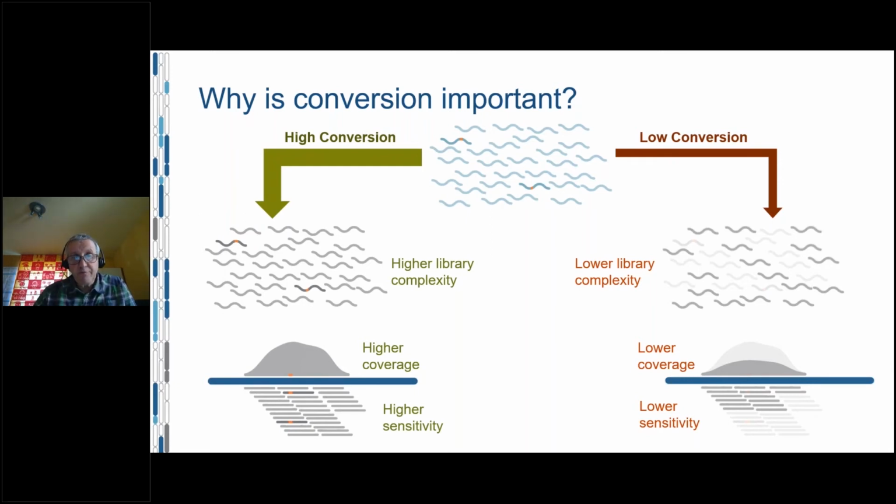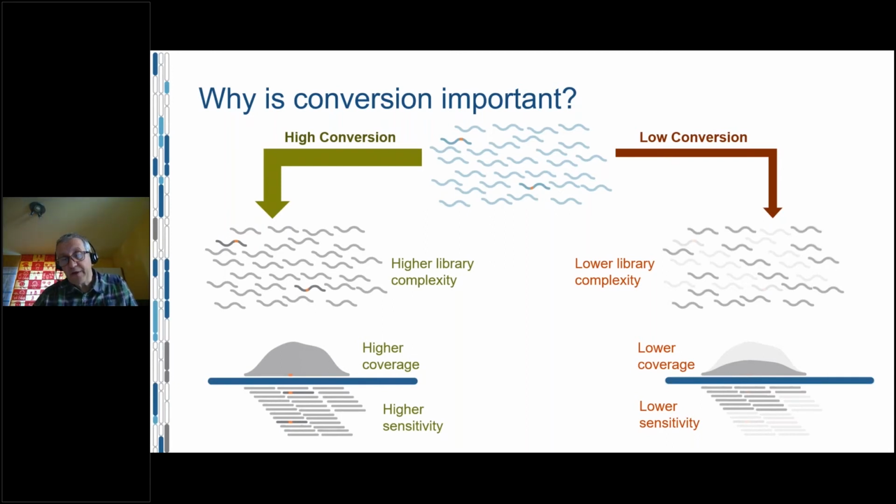So with a high conversion rate library prep, a higher fraction of your original molecules will end up in the library, resulting in libraries with higher complexity, higher coverage, and you can find your mutations with a higher degree of certainty, so with more confidence and at a higher sensitivity.